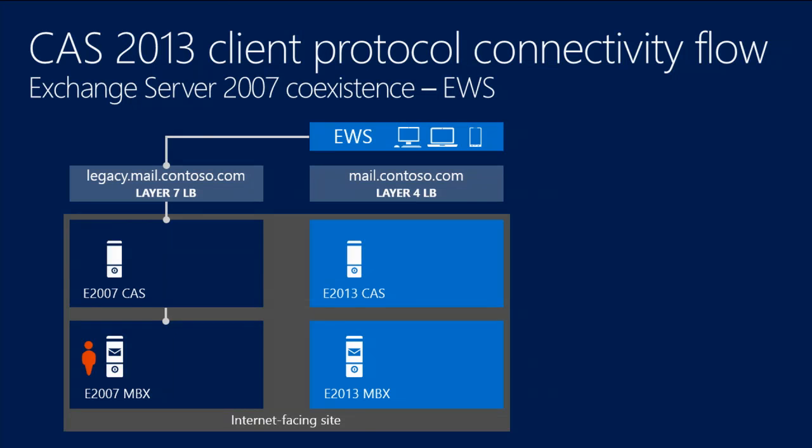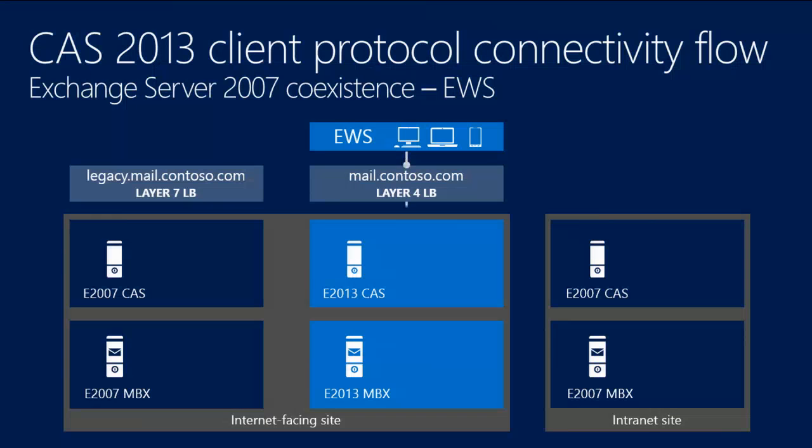If for some reason you chose not to configure Autodiscover, and you just tried to somehow force all the connectivity to come through CAS 2013, in this scenario, you just won't have EWS working properly for a 2007 user. You'll have a ton of errors, nothing will work. Autodiscover is becoming more and more vital for proper operation of an Outlook client or a MacLook client or any other clients that are using EWS applications and so on.